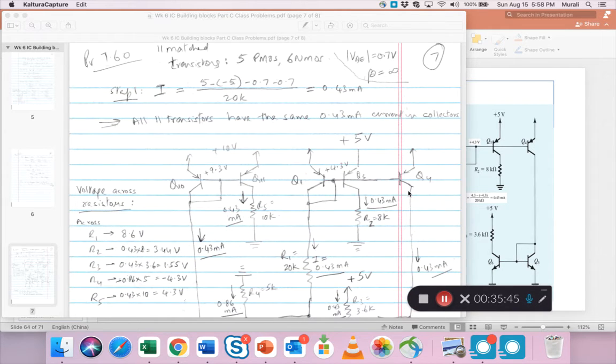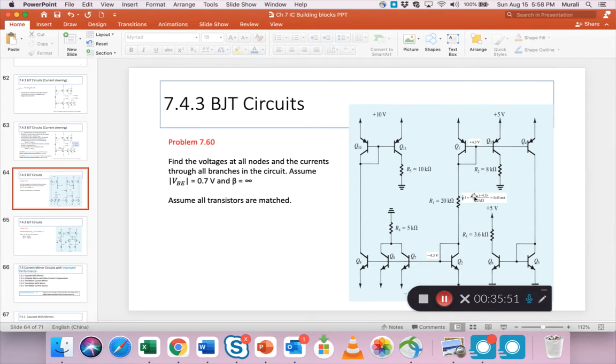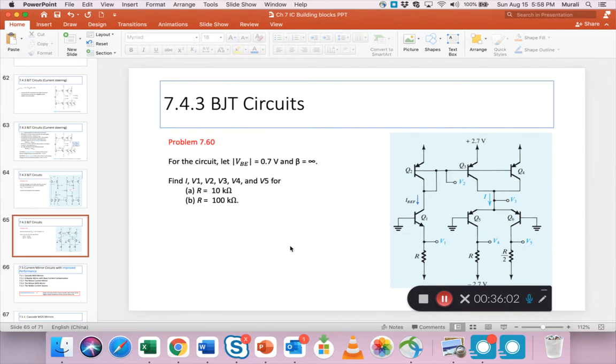They're all matched. There is no paralleling of circuits, right? Compared to some of the previous examples, where we saw some paralleling, but that paralleling we'll look at in a second.